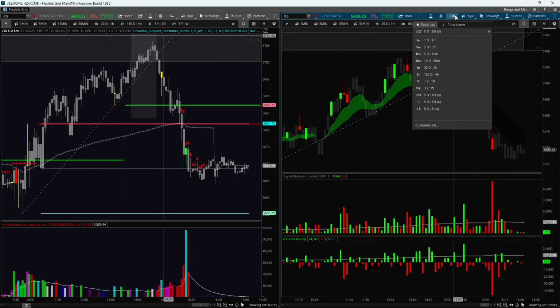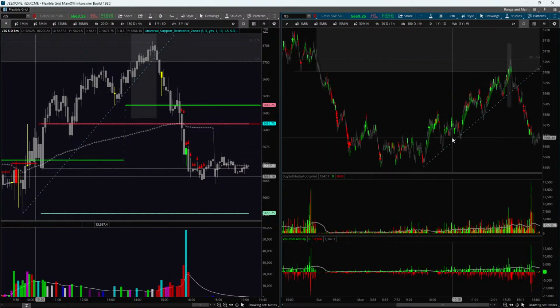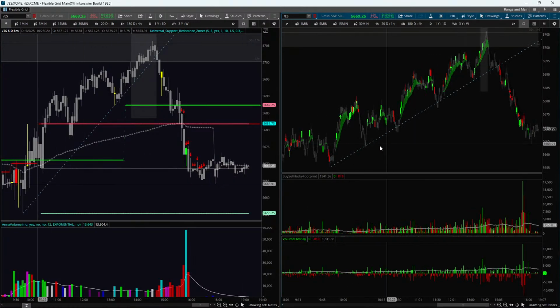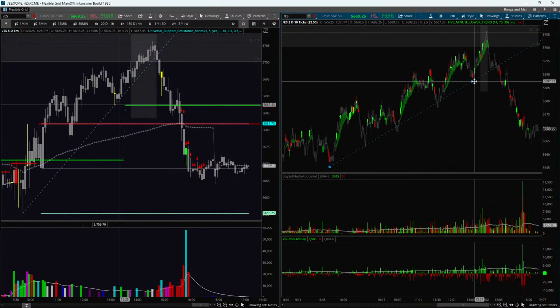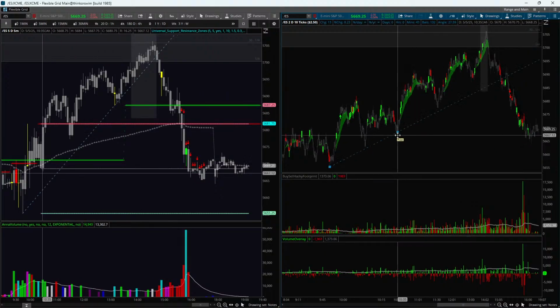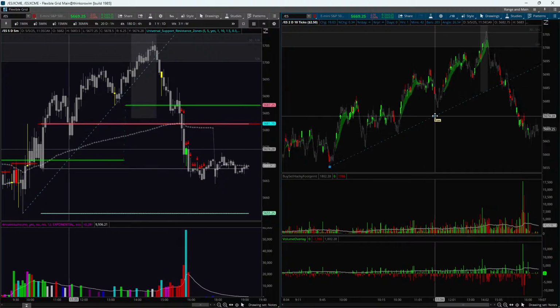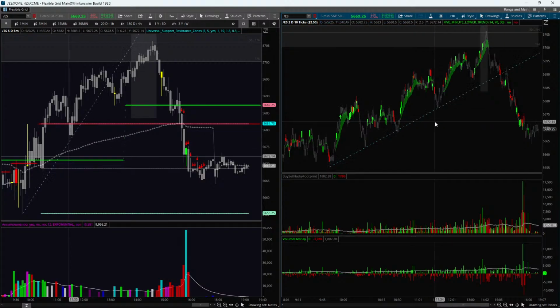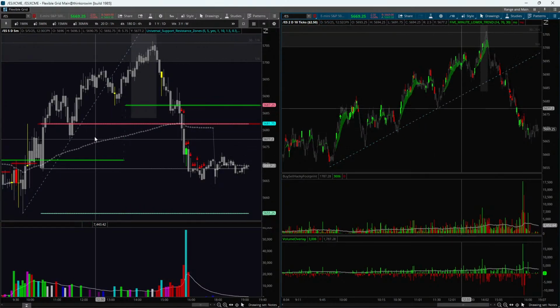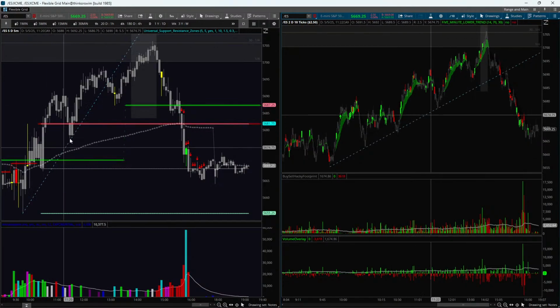Alright, and now let's go to the lower tick chart. Let's go to the 10 like we had today because the 10 was probably the clearest one for me. Let's see if we could adjust this here. Kind of like this, but this is how I had it the first time.